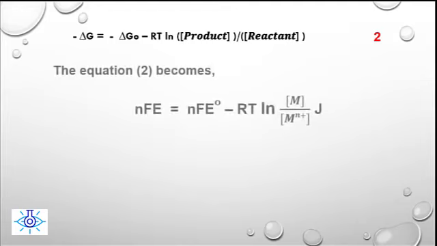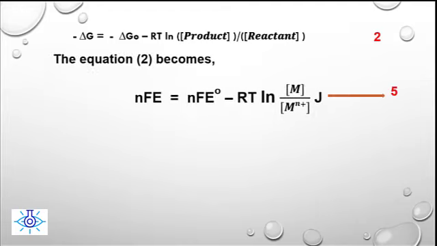Equation 2 then will become, by replacing the values of ΔG as -ΔG = nFE and -ΔG0 = nFE0, nFE = nFE0 - RT ln [M]/[M^n+] joules.